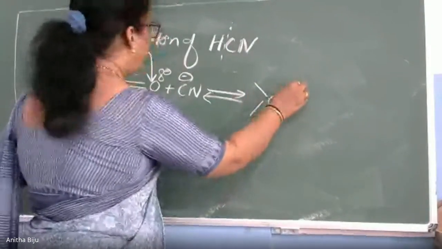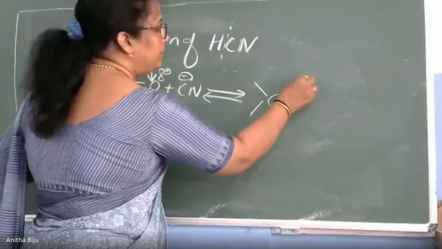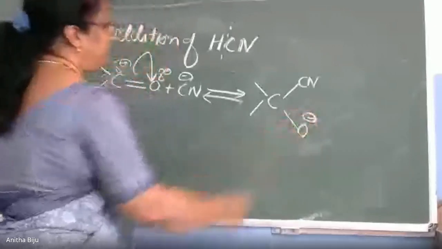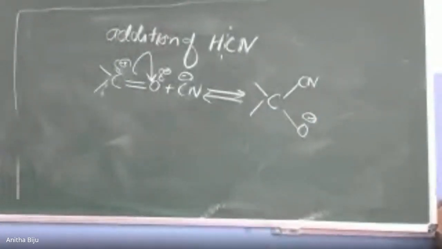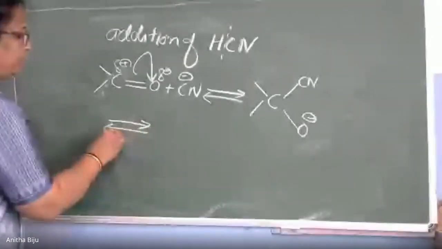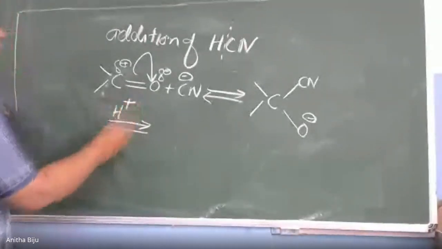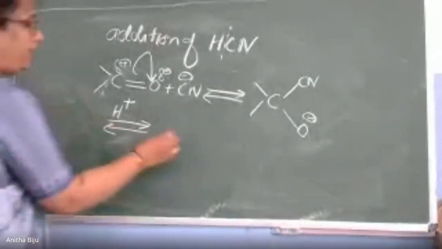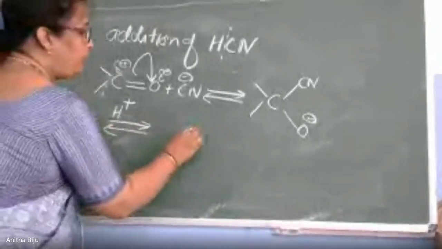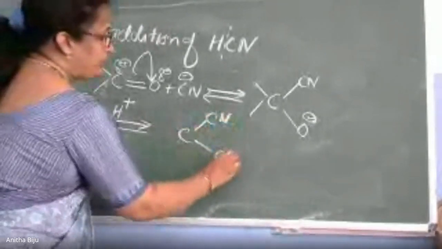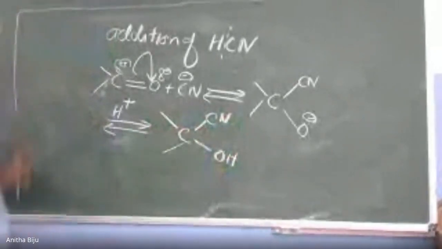Here we have Cl, and here we can write O minus. This is the intermediate product, which on further reaction by the addition of H plus, we have the last product as OH forms.